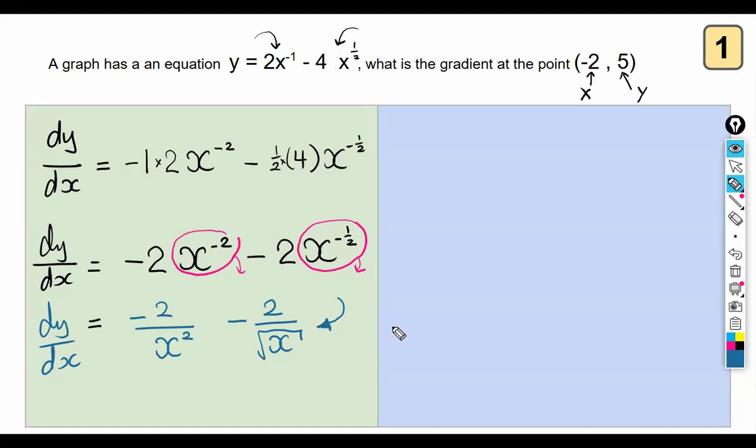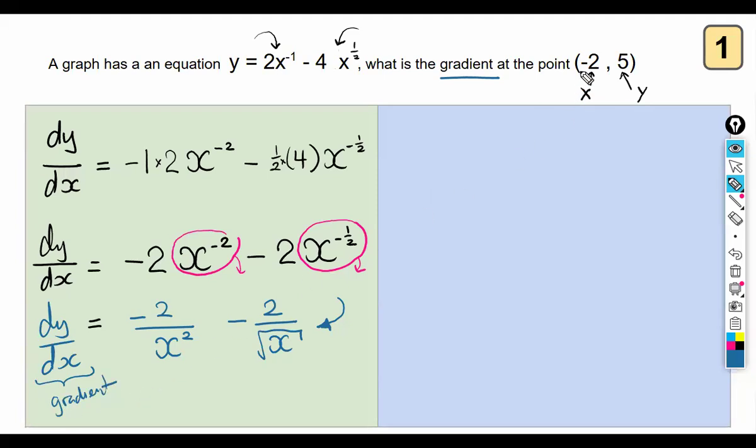We are not finished. The examiner has asked us to find the gradient when x is how much? At the point minus 2, 5. To find the gradient at this point, remember, dy dx is the same exact thing as gradient.